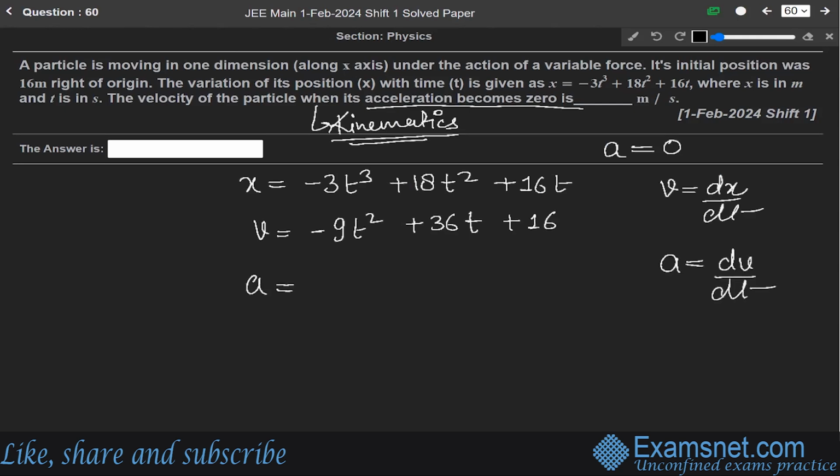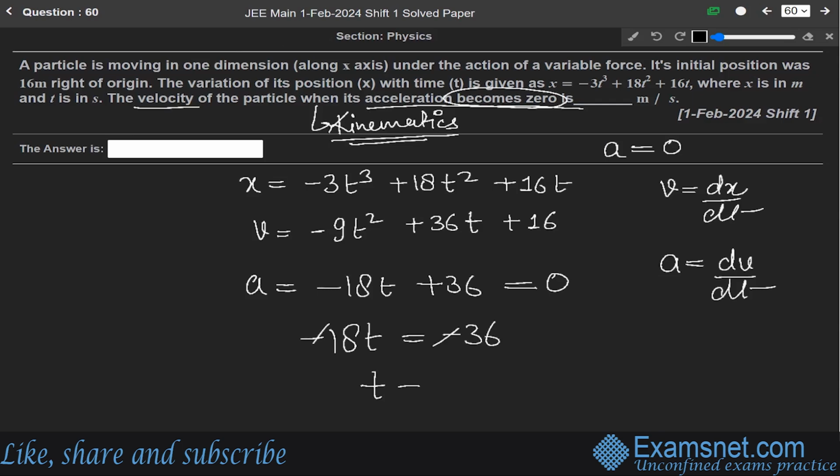So a will be equal to minus 18t plus 36. And we have to find velocity when acceleration is 0. So putting a equals to 0, we get minus 18t equals to minus 36, minus minus cancel. So t equals to 2 second, means when the acceleration becomes 0, the time is 2 second.